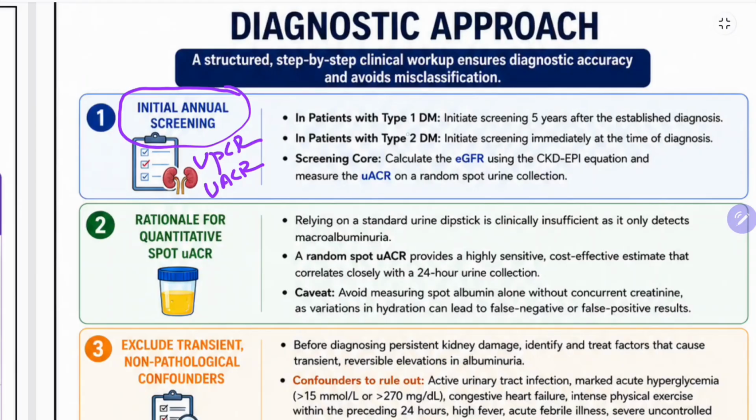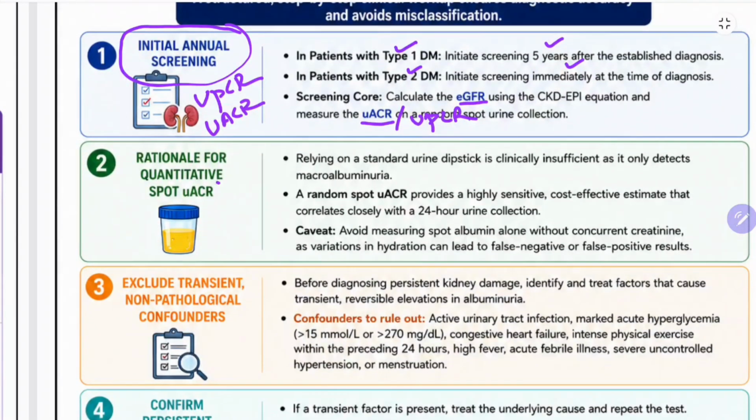In type 1 diabetes mellitus, it is recommended that screening should start 5 years after the diagnosis, whereas in type 2 diabetes mellitus, it should start immediately. How? By EGFR and urinary albumin creatinine ratio, or you can also take UPCR. So initial annual screening, using spot UACR or UPCR.